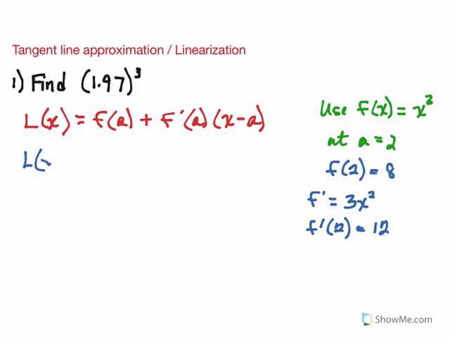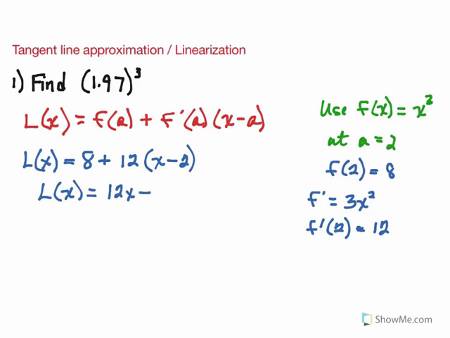So we would have L of x is equal to f of a, so remember that was 8, plus f prime of a, that's really our slope, that's 12, and we have that times the quantity x minus 2. So we can simplify that a little bit, and we obtain the linearization 12x minus 16 in the end.